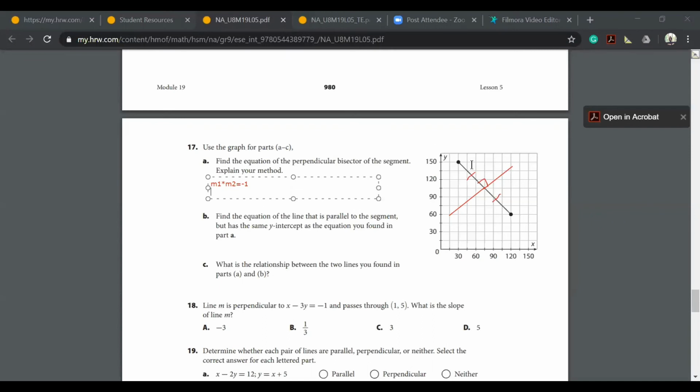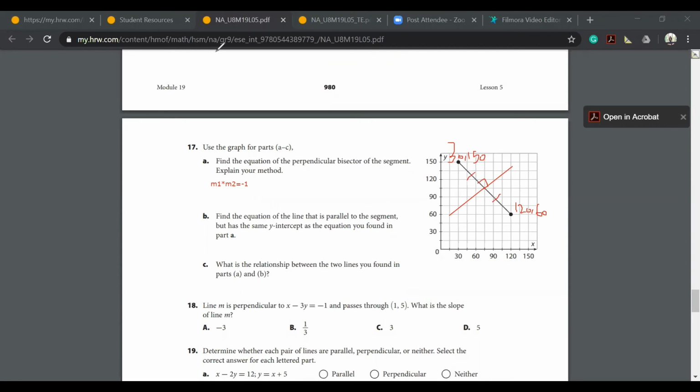My first point is the point in here. Let's find the point here. This is like 30 and 150. And here this is like 120 and 60.